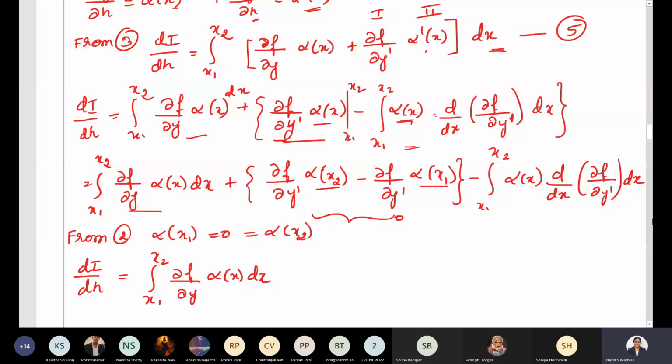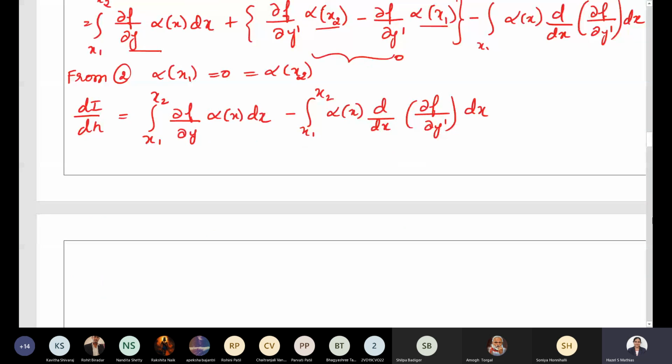So next, what is remaining? Minus integral x1 to x2 alpha of x into d/dx of ∂f/∂y' into dx. Now you can take the common term. We have dI/dh equal to integral x1 to x2, you can take this integral common. ∂f/∂y is over here, and alpha of x is also a common term, minus d/dx of ∂f/∂y'.